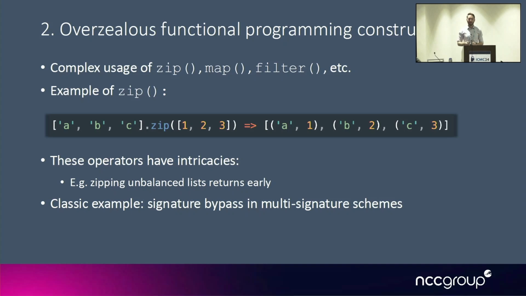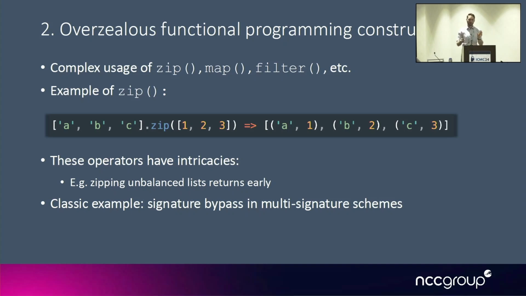These operators can be pretty complex. They have some intricacies, and one specific one is that zipping unbalanced lists will return early. If the lists don't have the same size, the operation will essentially only go until the end of the smallest of the 2 lists. That's a classic example of a signature bypass in specific schemes.